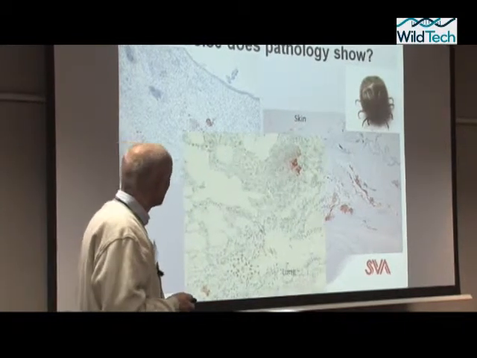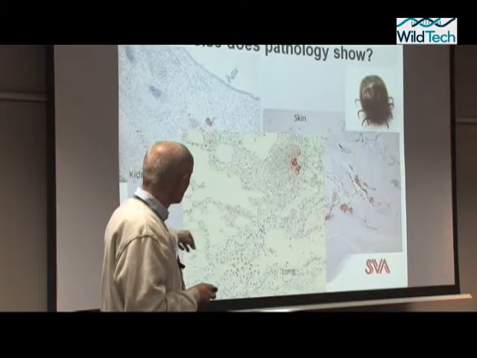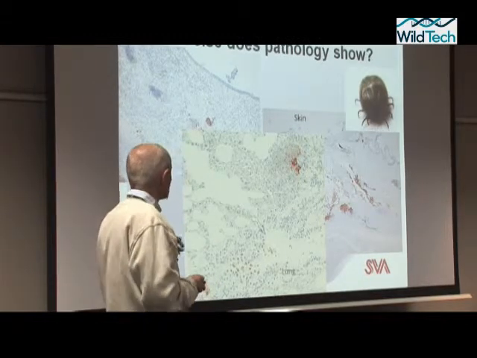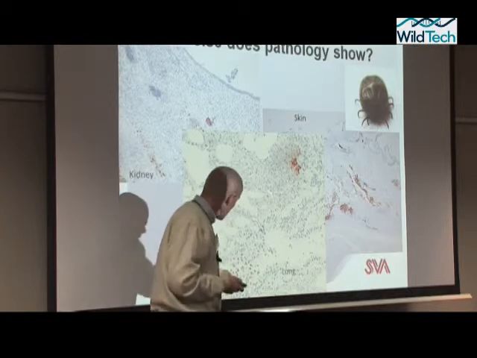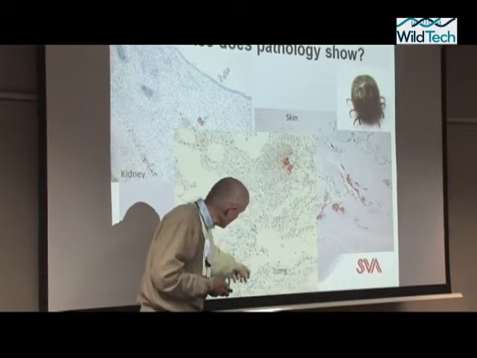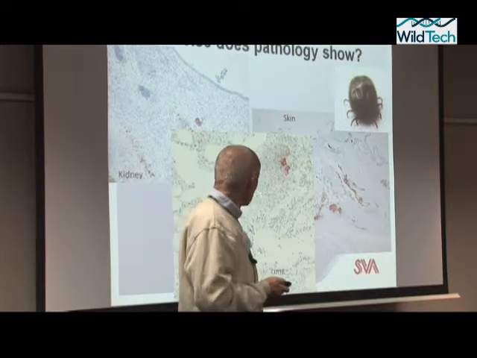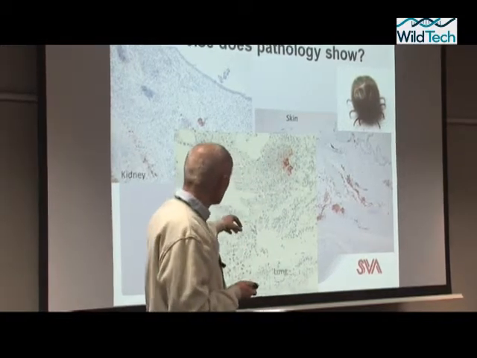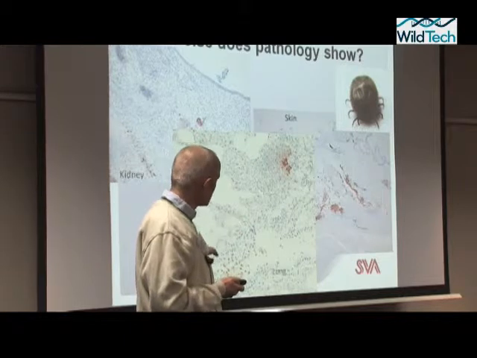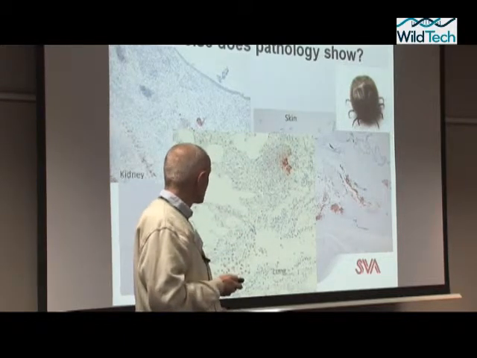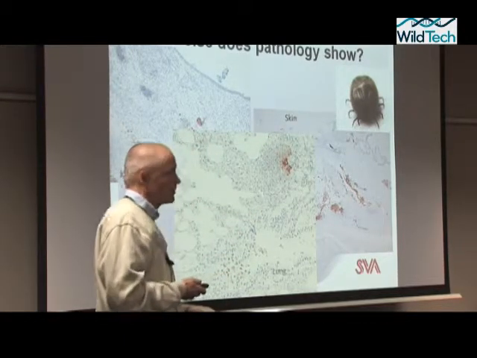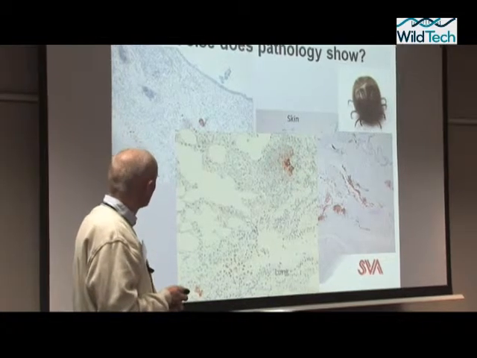If you look at the lung, we have areas of acute necrosis, lots of bacteria, but you also have bacteria in the epithelium lining the bronchioli. And you also have bacteria in the epithelial cells being shed, suggesting dissemination of bacteria through bronchiolar secretion.